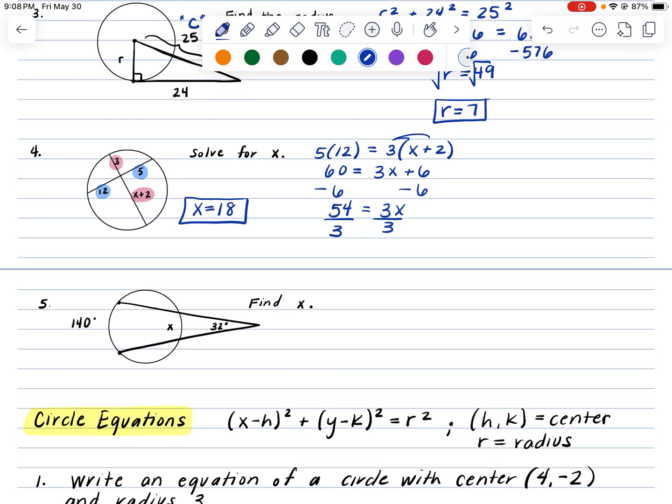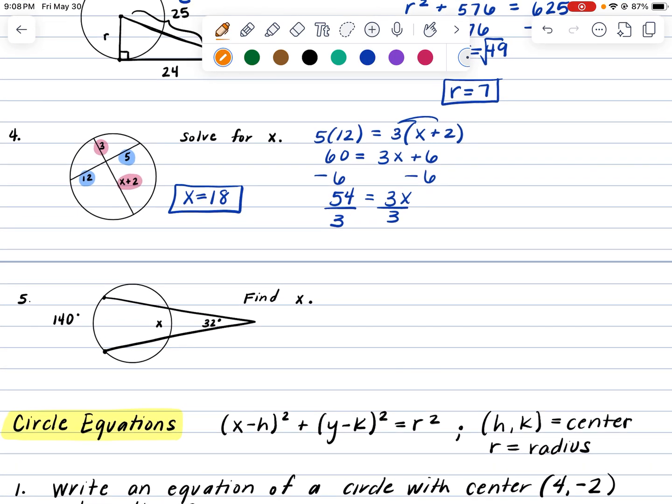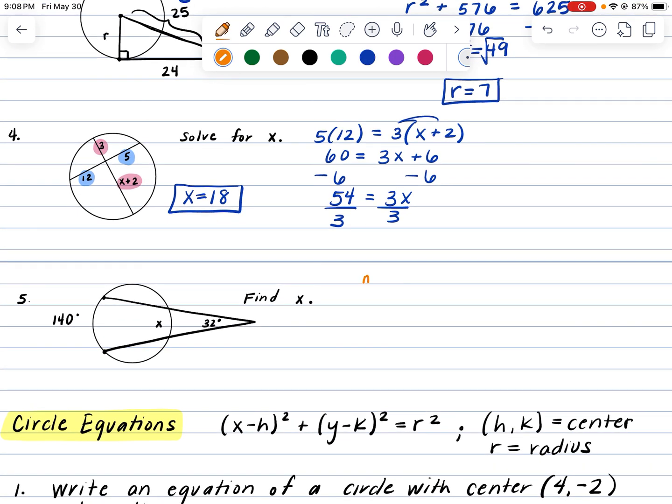Number 5 is also on your equation sheet, and I don't exactly remember how I wrote it on there, but it's the measure of angle 1. Okay, this is angle 1 right here, is equal to half of the outside arc minus the inside arc. Okay, so outside is here, inside is here. And so I'm just going to plug this in and be able to solve it.